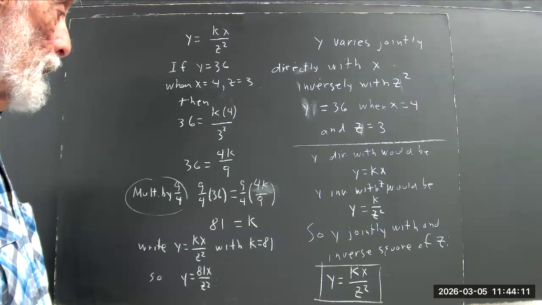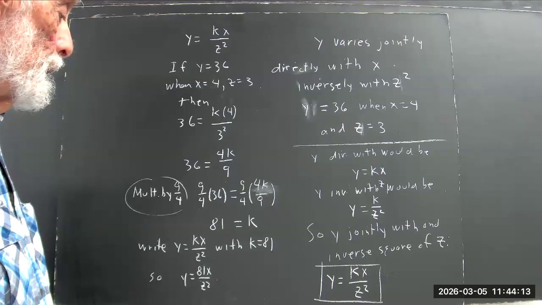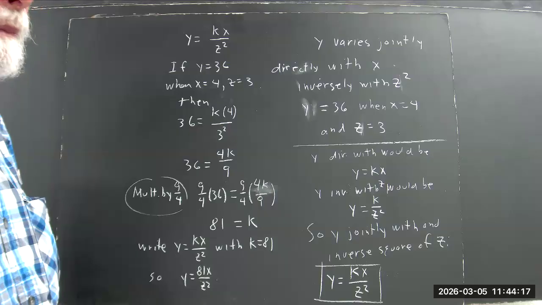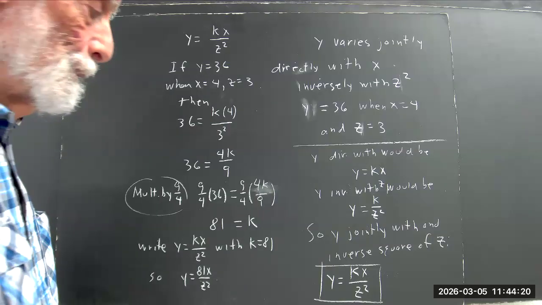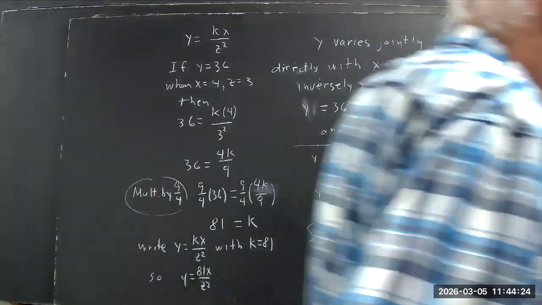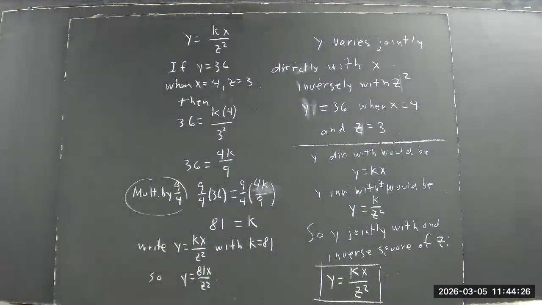A lot of times you're going to need a little more practice, and you can go to the half credit site and practice. All right. Now we need to move on.